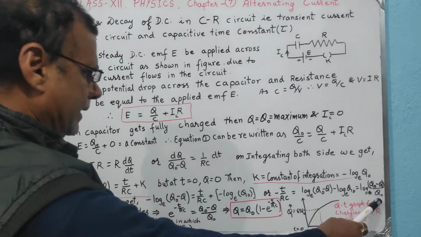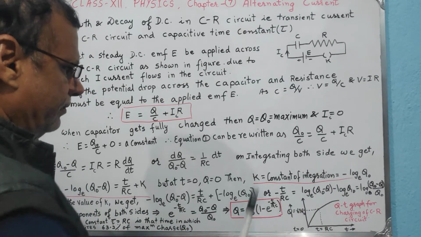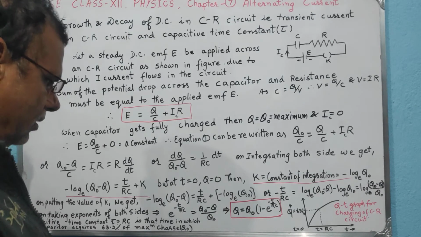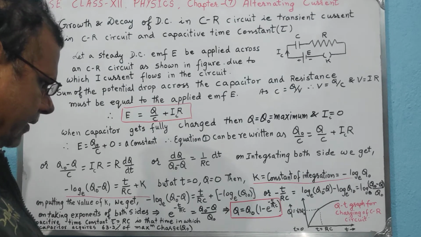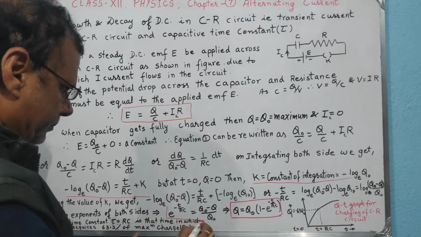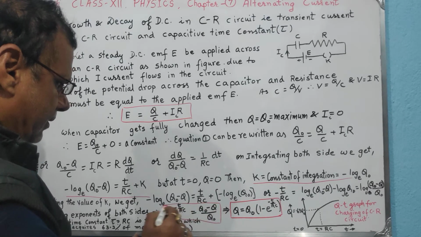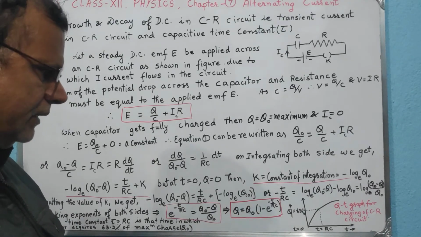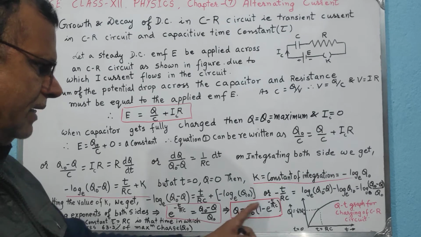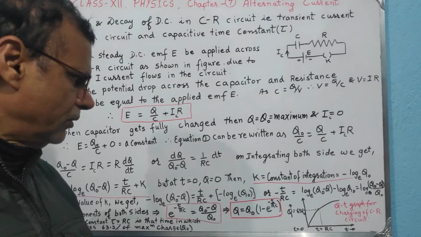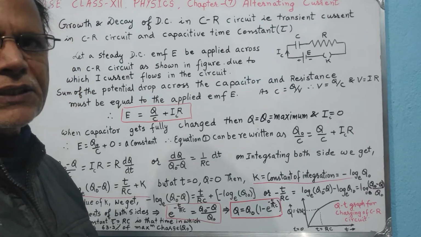On rearranging this, we get the relation for the instantaneous charge deposited on the capacitor after a time lapse t: Q is equal to Q0 into 1 minus e to the power minus t by RC.